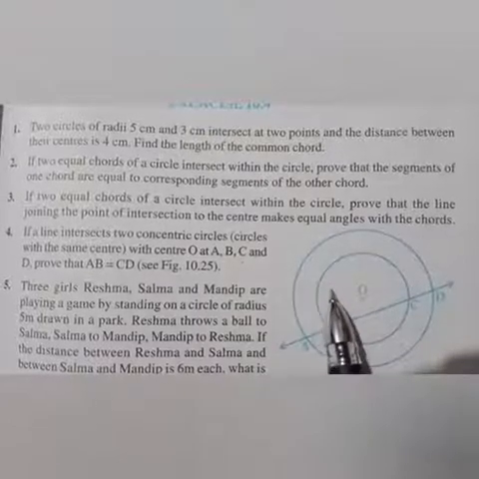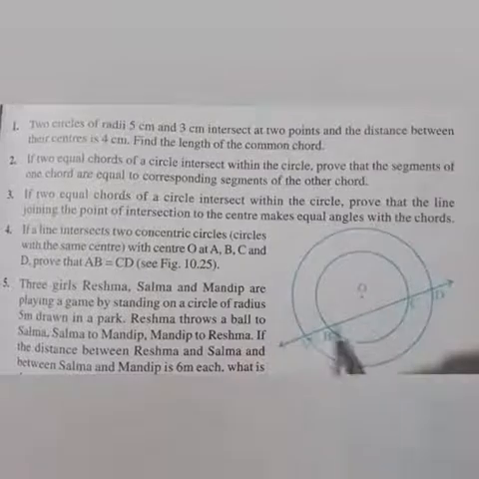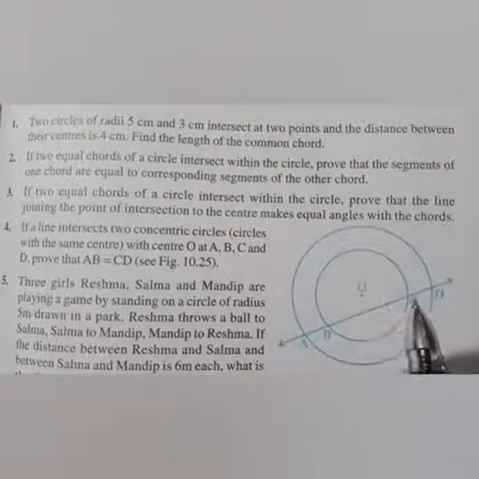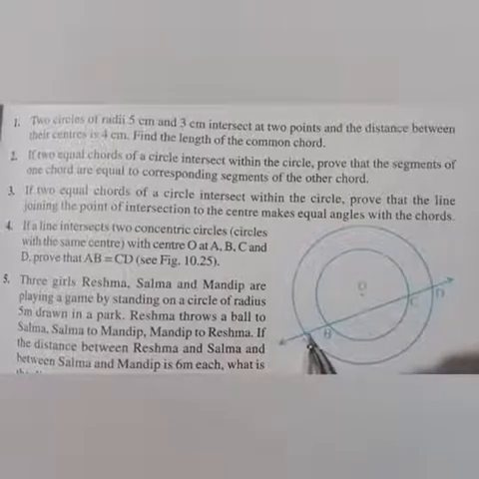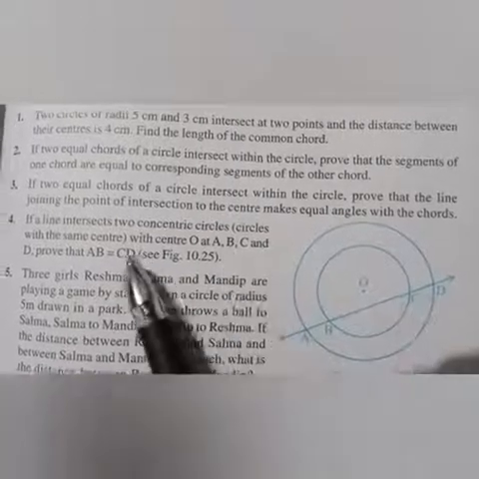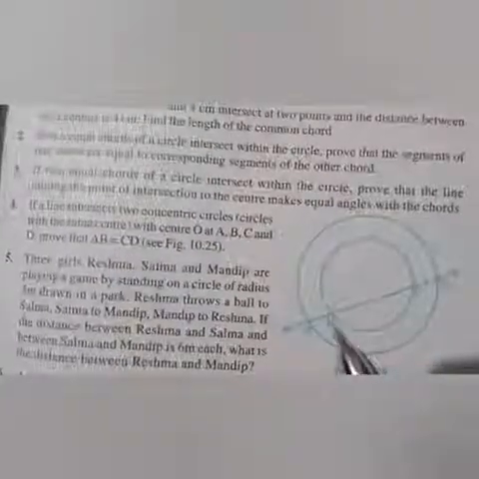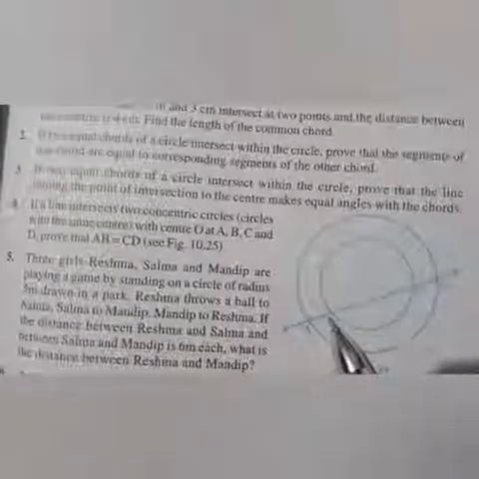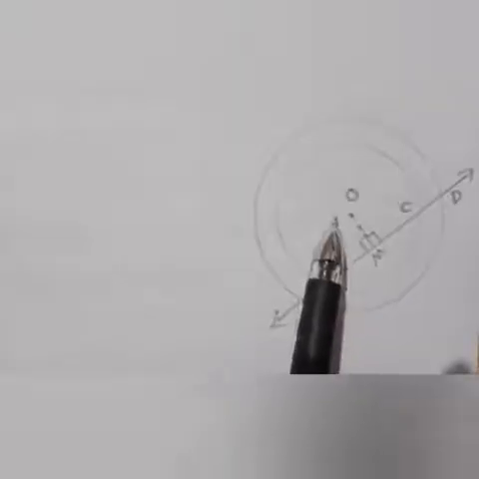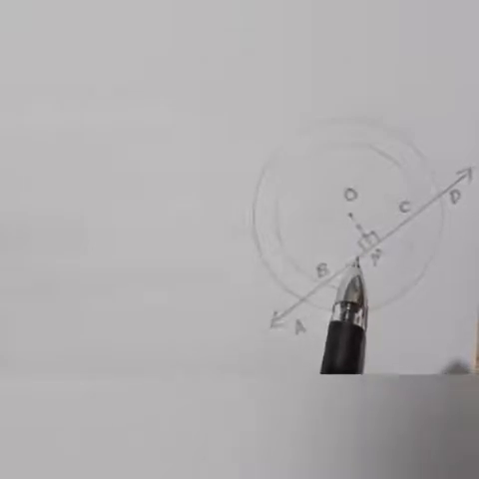These are two concentric circles with the same center O, and this line passing through them intersects at A, B, C, D. We need to prove that AB equal to CD. Draw OM perpendicular to AD.